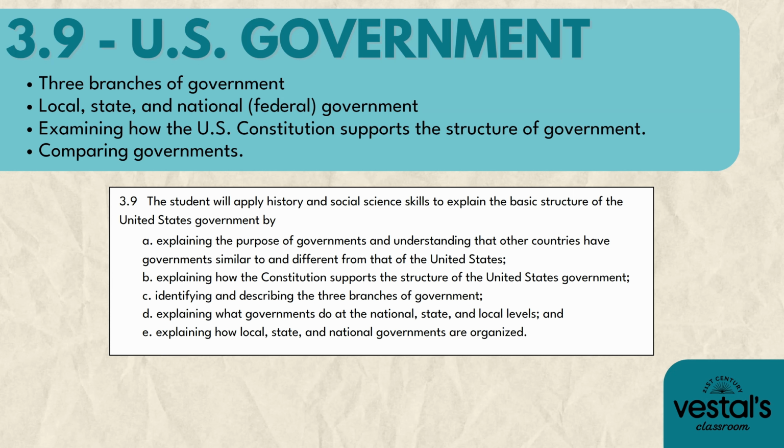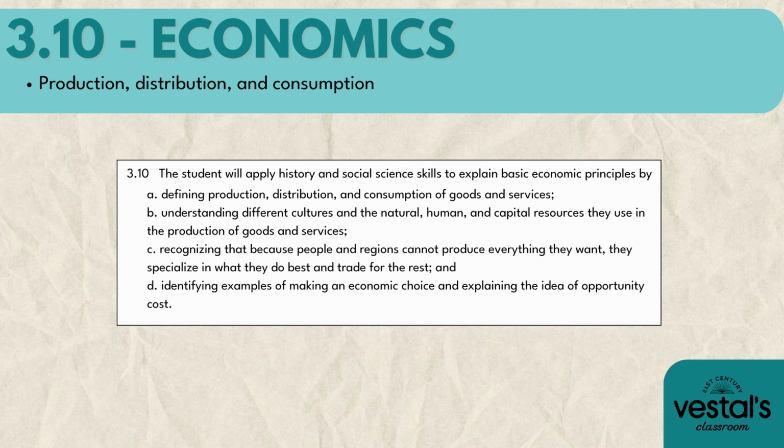And then the last thing that's a little bit different with this SOL is students are now going to compare our government to other governments a little bit and just grasping the concept that not all governments are exactly the same. And the last SOL is going to be economics. This SOL is almost exactly the same as the previous economic SOLs.